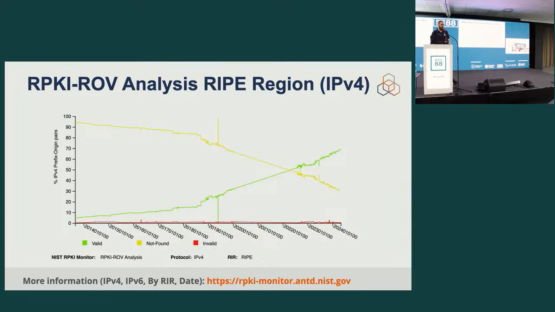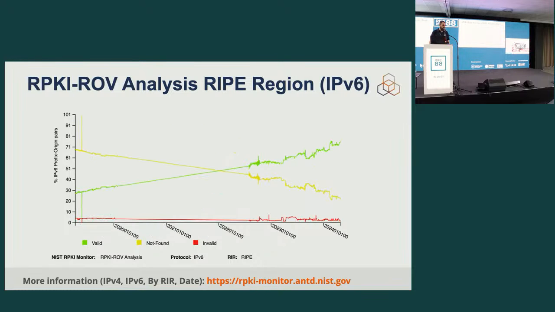So what does it look like in the RIPE region? Things are better in the RIPE region. Typically today we sit at around 70% of the IPv4 space, meaning the mapping between IPv4 and ASN in the RIPE region is valid according to ROAs. According to predictions, maybe in the next couple of years we'll be hitting the 90% mark or even more.